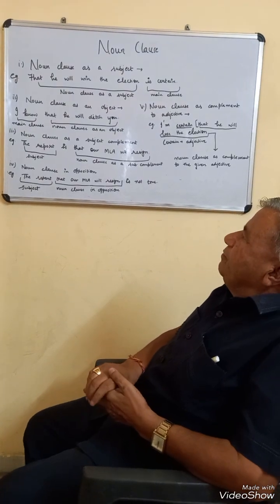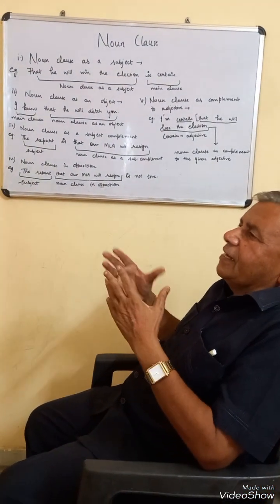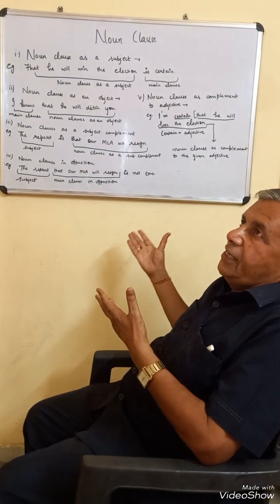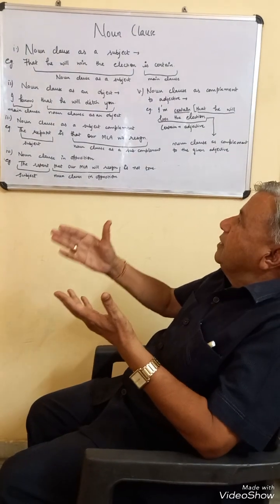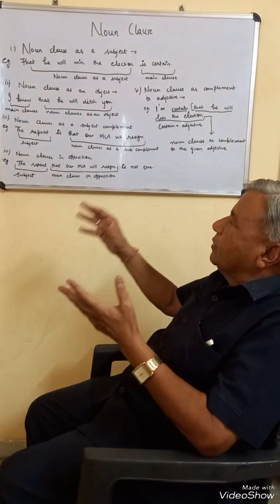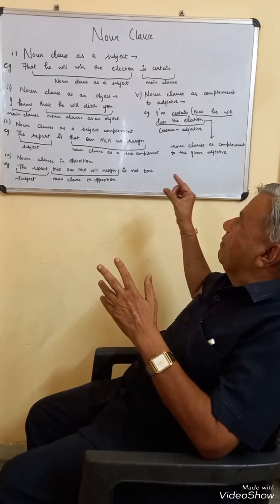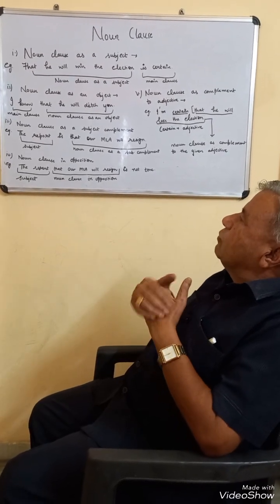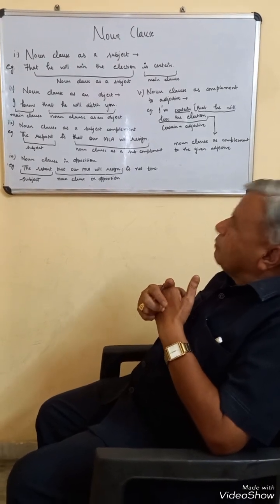Similarly, sometimes the subject is there, but its meaning is not clear. Just like Ram is a teacher, a teacher here is a complement to the noun subject Ram. In the same manner, the report is the subject in the sentence, and that our MLA will resign is a noun clause as a complement of the subject report.